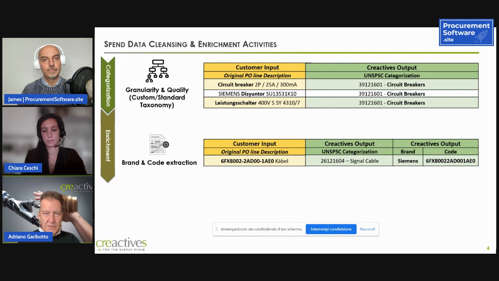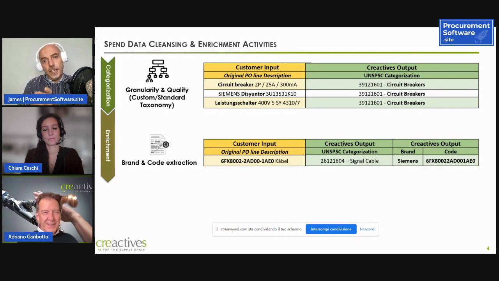Even though Siemens is not explicitly written there, artificial intelligence works like a human being that is very expert of the domain and can tell you something that is not explicitly written, and can be enriched later on using the artificial intelligence approach. And finally, wow, that's interesting. So sorry, Adriano, I just wanted to ask on that.